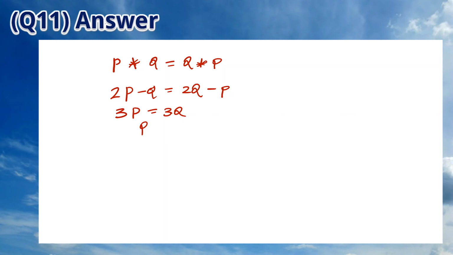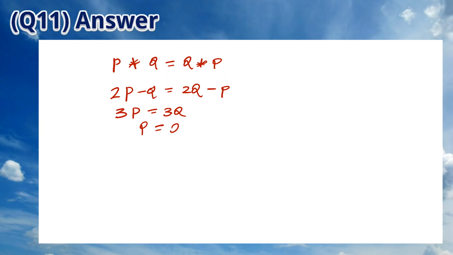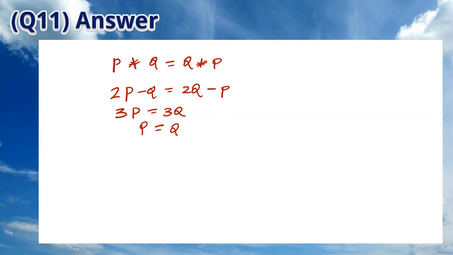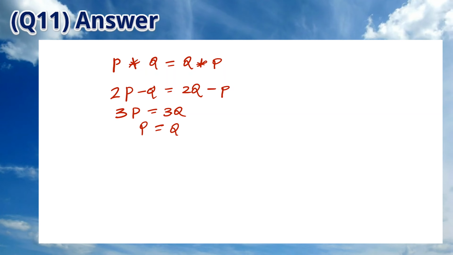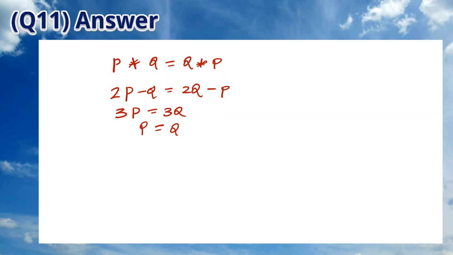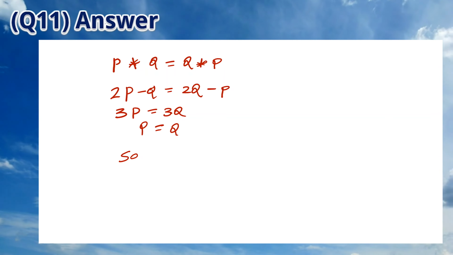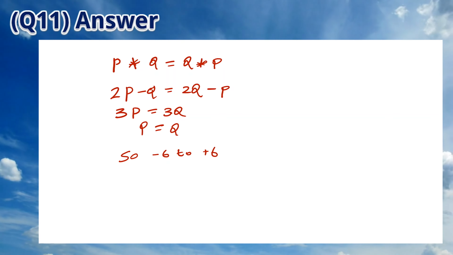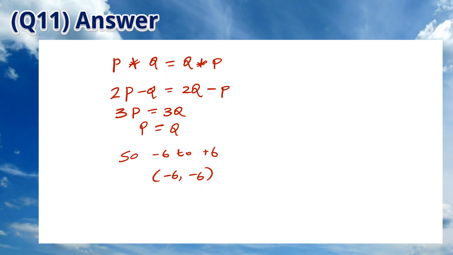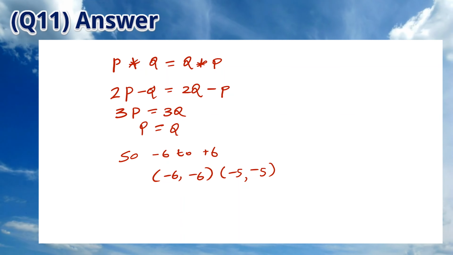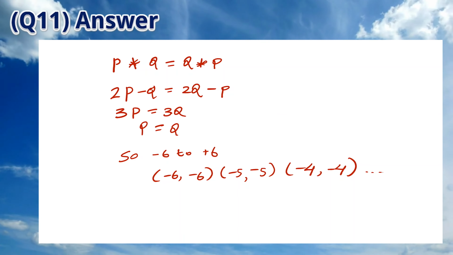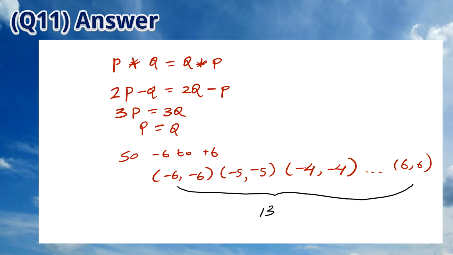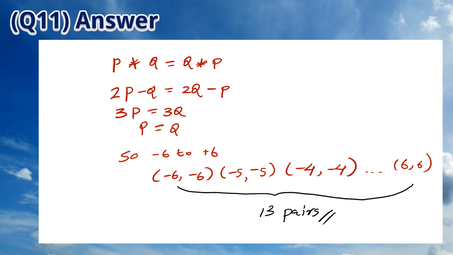Consequently, the only pairs are where P is equal to Q. Conversely, every pair where P is equal to Q has P asterisk Q equal to Q asterisk P. So all the possibilities from negative 6 to plus 6 work. This accounts for a total of 13 possible pairs. This means that the answer is B.